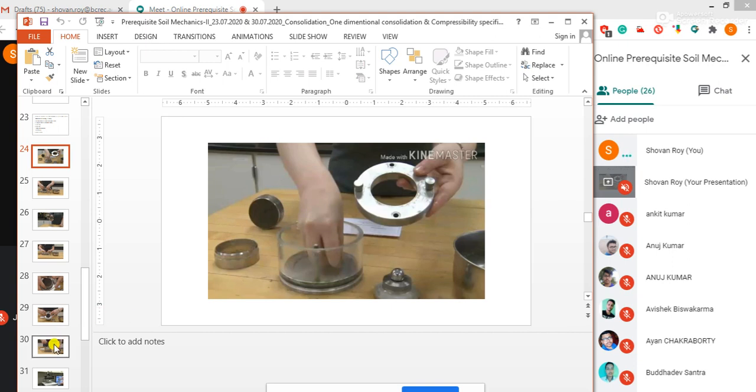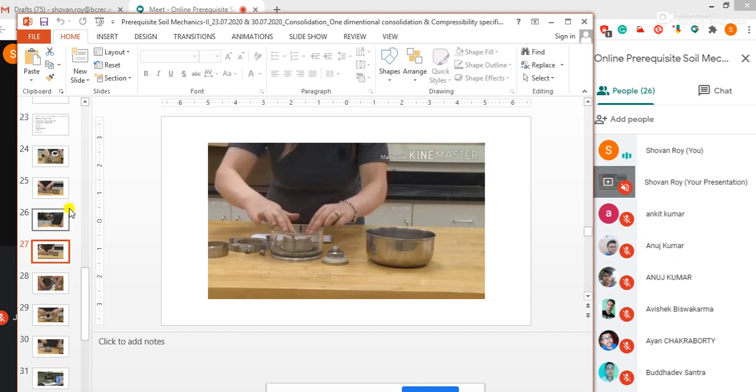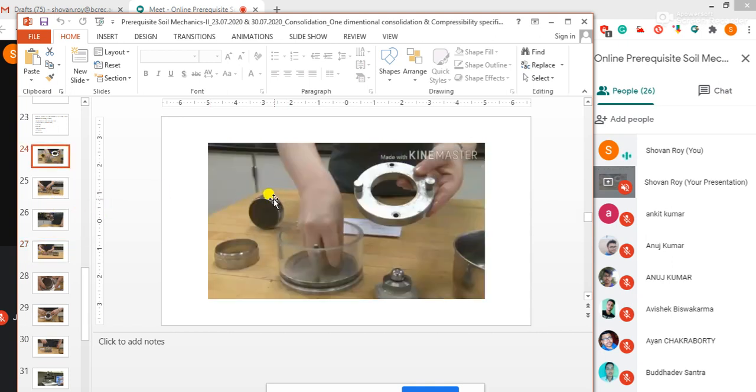Both sides of our specimen are open, only confined in the lateral direction, so drainage is possible from both sides. This term is defined in soil mechanics as drainage of the specimen: when we allow water or air to go out from the soil, that is drainage.